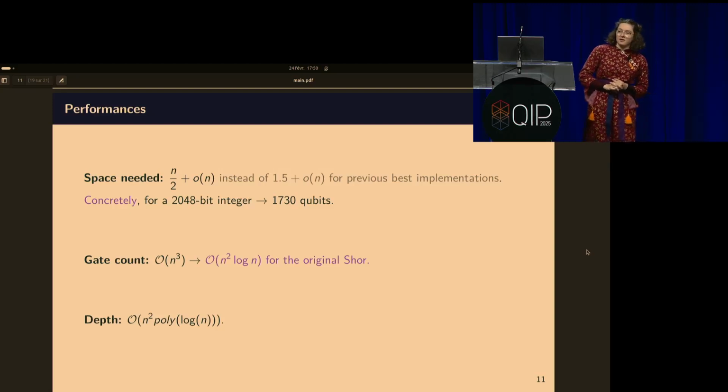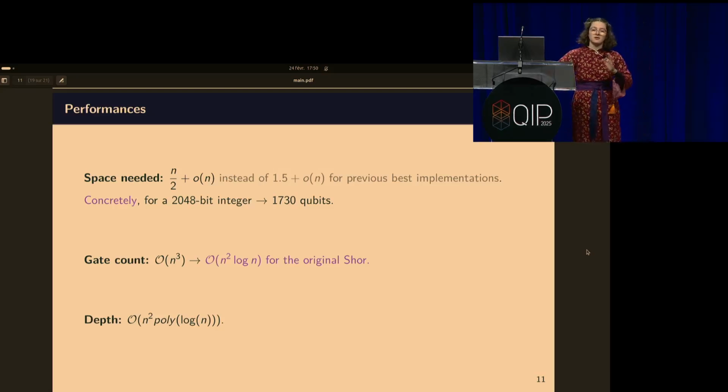This isn't a free memory optimization. Unfortunately, it comes with an overhead in the gate count of our version of Shor's algorithm compared to the original one. But you can note that the depth isn't changed with this optimization. So that's something.